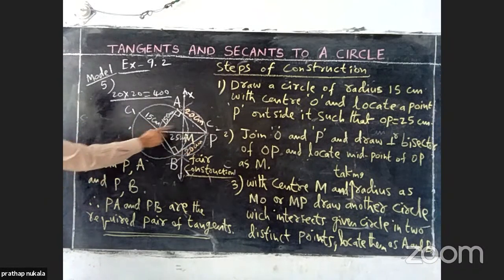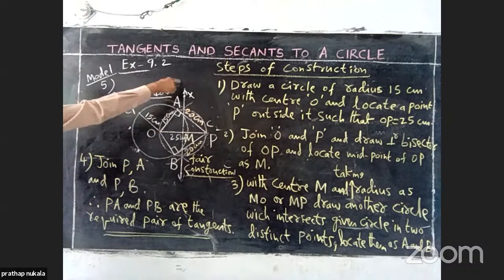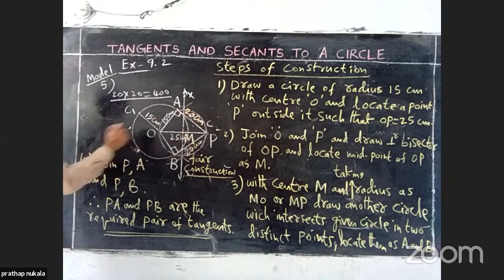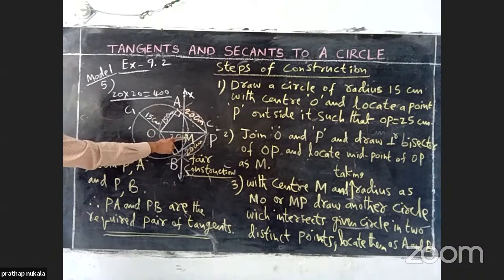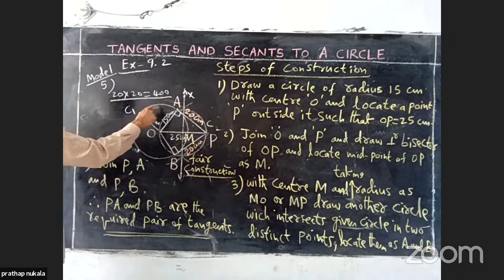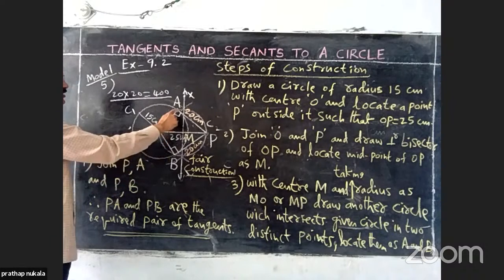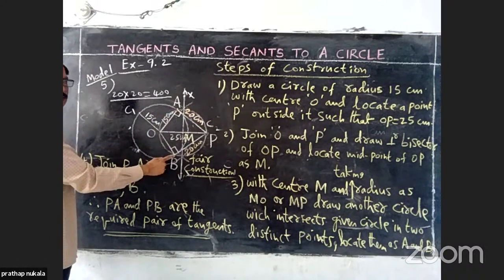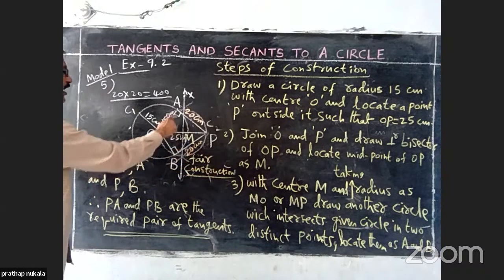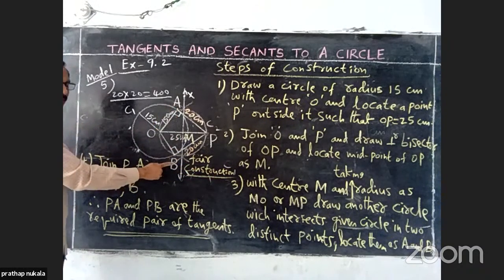Second step, join O and P, draw the perpendicular bisector of OP and locate the midpoint of OP as M. Third step, with center M taking radius as MO or MP, draw another circle which intersects the given circle in two distinct points. Locate them as A and B.